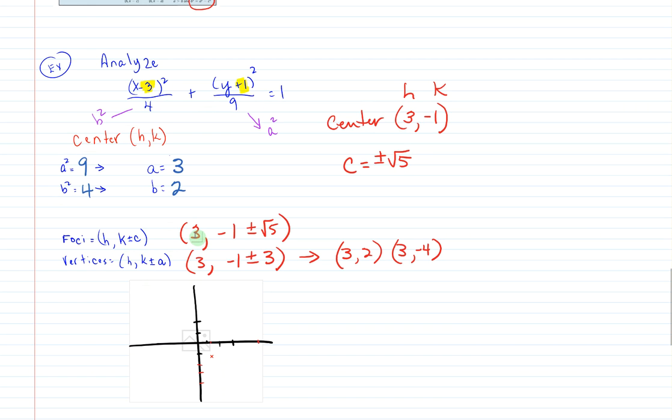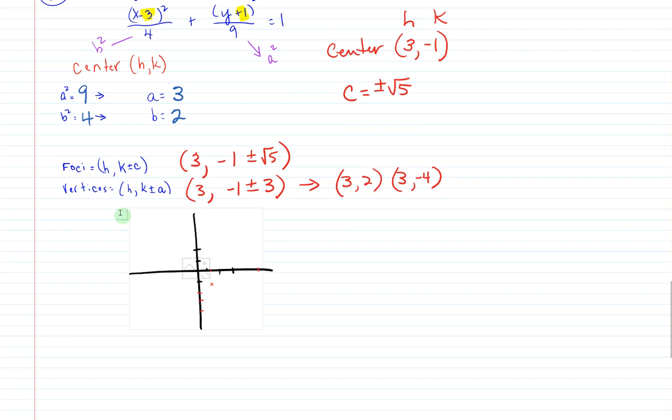So h is 3, and then k is -1 plus or minus c, which is the square root of 5. You could find that square root of 5 by using your equation, b squared equals a squared minus c squared.